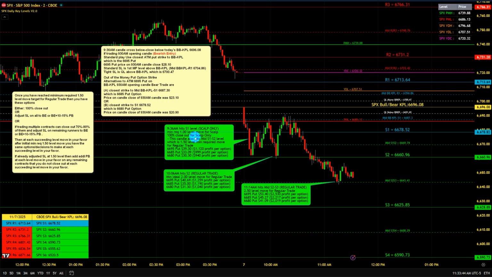There's no stop loss adjustments, and you are closing out all of your contracts regardless if you're trading multiple contracts or just one contract. So whether you're trading just one contract, two, three, 5, 10, 20 or more, if your objective is a scalp only and you're doing a scalp only trade, then when it reaches your target, you are exiting the trade.